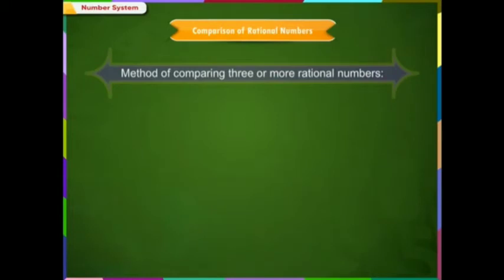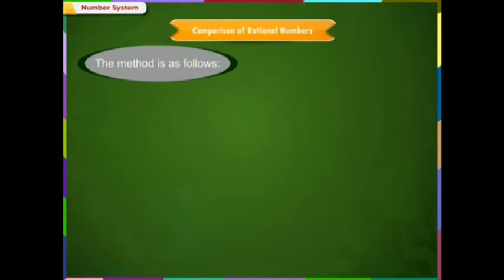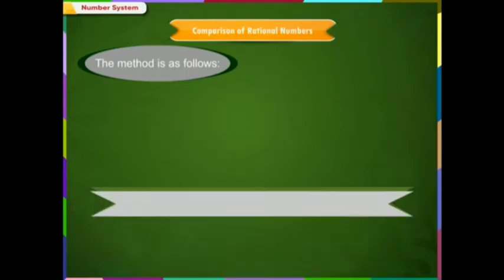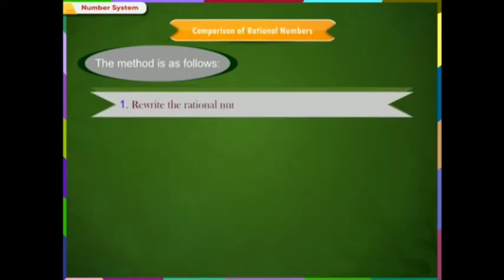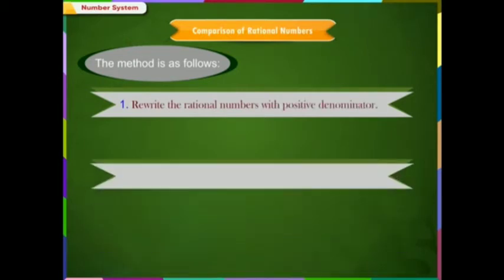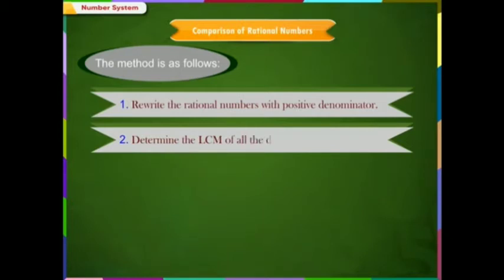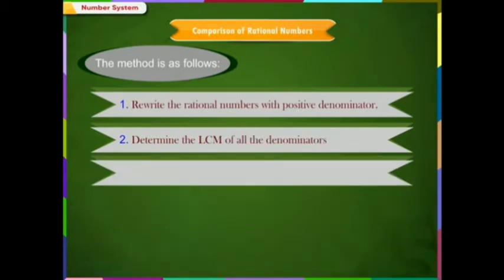Method of comparing 3 or more rational numbers. The method is as follows. 1. Rewrite the rational numbers with positive denominator. 2. Determine the LCM of all the denominators. 3.